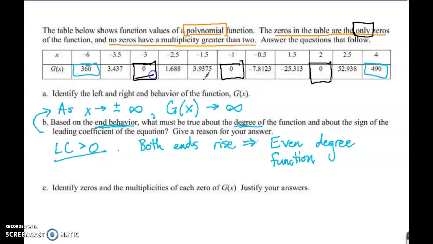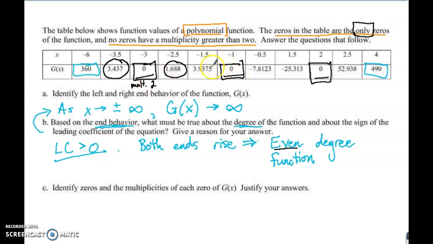Well, if these are the only zeros, and they all had a multiplicity of 1, then it would be a cubic polynomial, an odd degree polynomial. Well, we just explained why it was even. So as we then look at the numbers on either side, I'm looking at a positive to a positive. So what's the clue on that problem? If it goes from a positive to a positive, it has a multiplicity of 2.